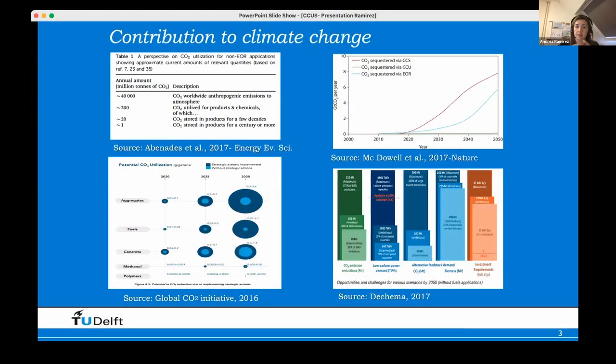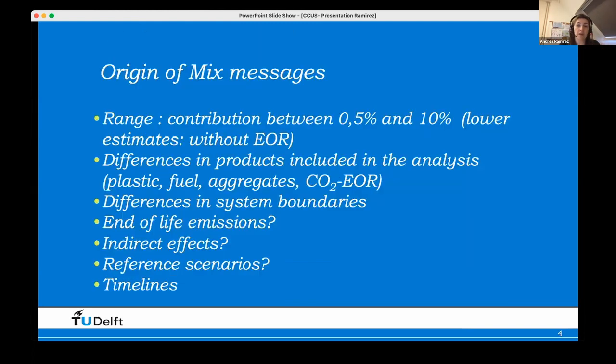And when you look at what is causing this polarization, it is the disagreement on the role, the benefits, and the bottlenecks. These are typical examples of studies that pose different pictures. What makes it very difficult for any person outside, but also for policymakers or decision makers in industry, is that you cannot compare the assessments one-to-one.